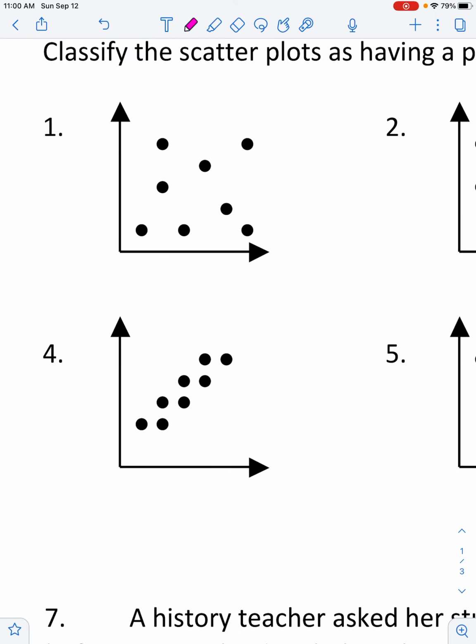Question 1. This one is a little bit tricky to decide positive versus negative. But for me, looking here, because this one all the way to the far left is starting low and I can see it going to one that ends high, I'm going to say that this has a positive correlation. And with this positive correlation, it's very weak.